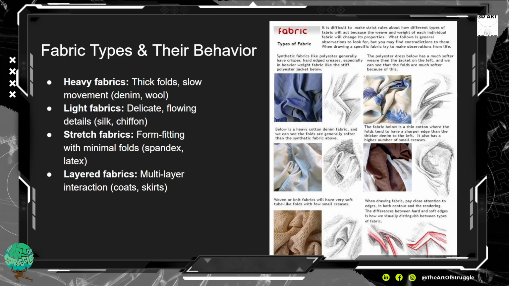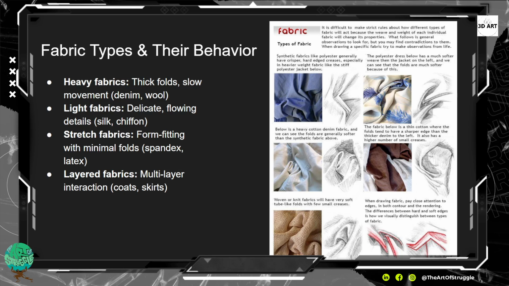If I see something hard and rigid, I'm not going to think that's cotton, or silk or chiffon. I'm going to think that's more like denim. If I see something skin tight with minimal folds, I'm thinking that could be spandex or latex, these very form-fitting fabrics, maybe even leather.